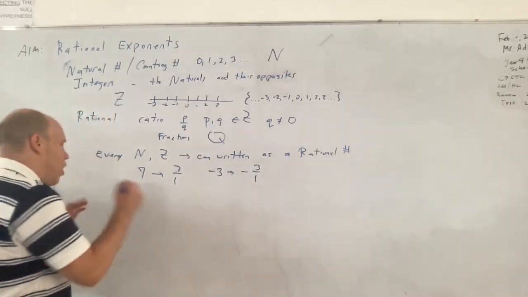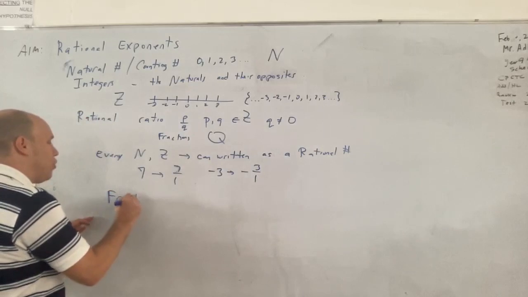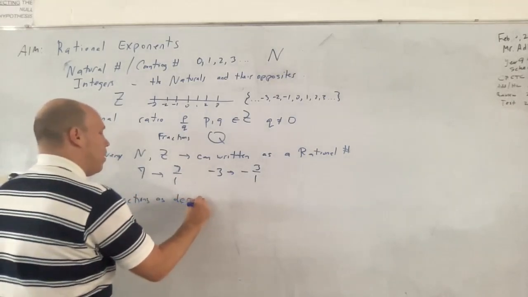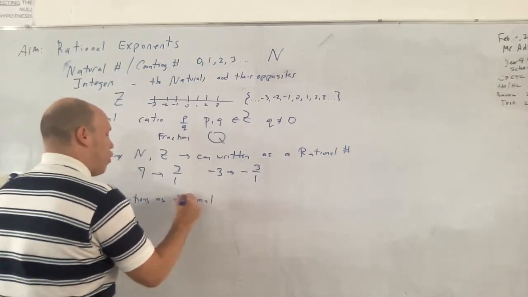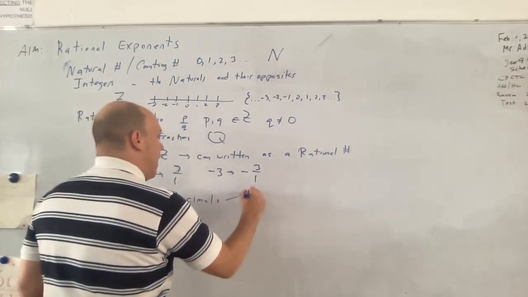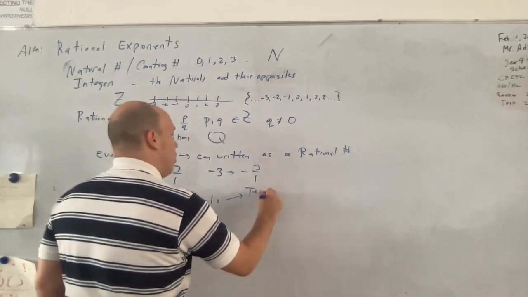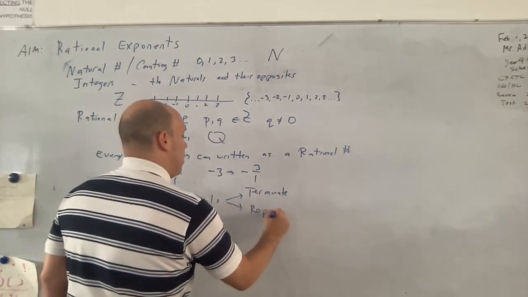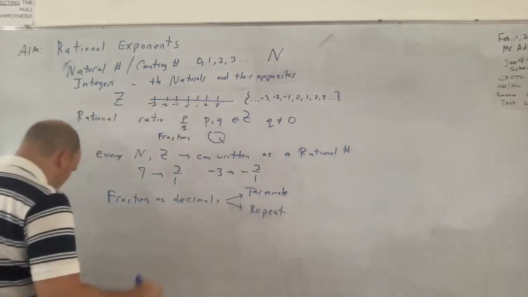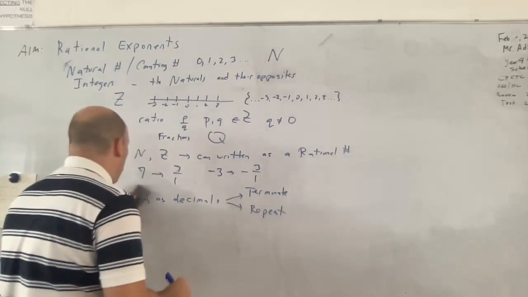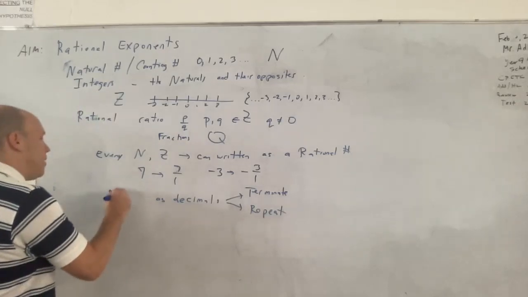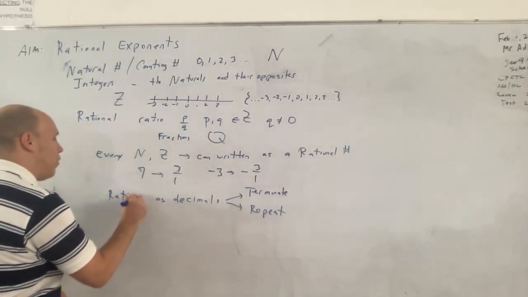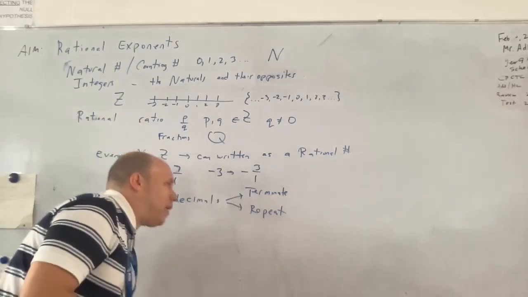And then the other thing, just a refresher: rationals as decimals either terminate or repeat.